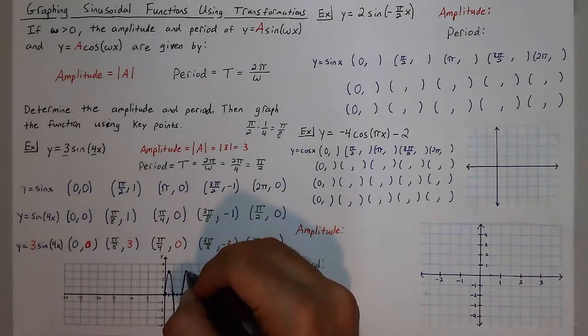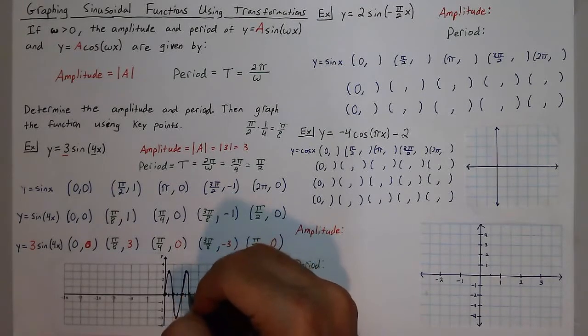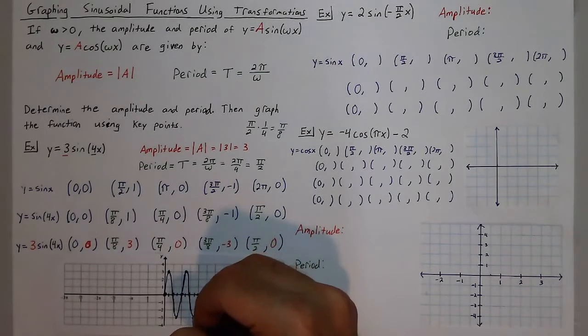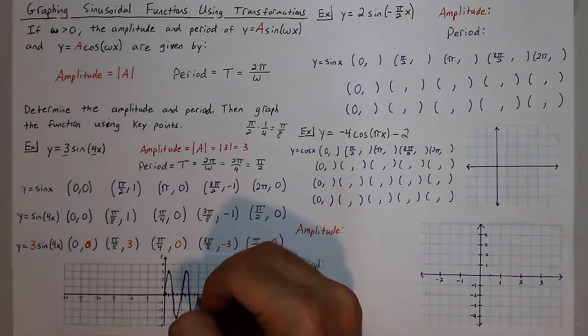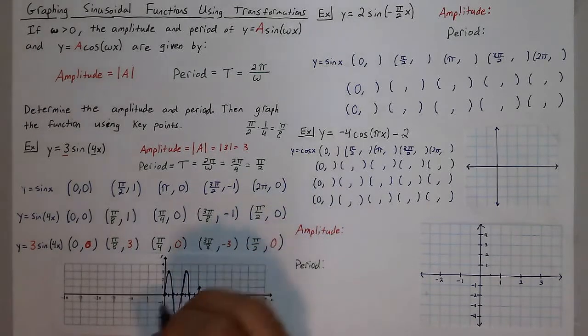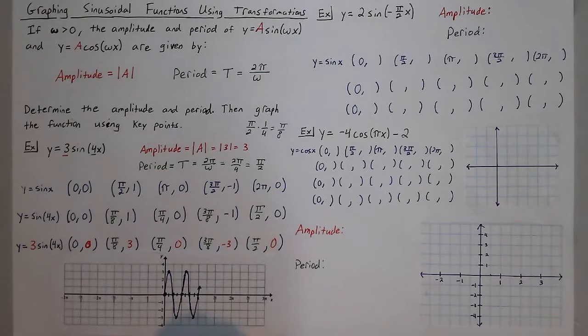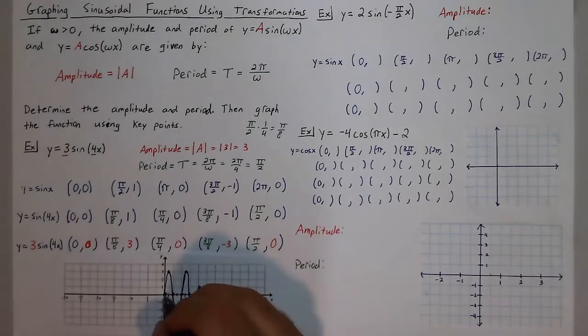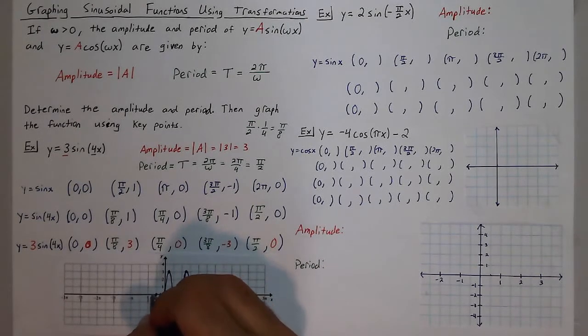Typically, if you can, about 3 cycles is enough. And I often like to go backwards with it as well so you can get a good idea. So if this was 0, going backwards would be negative 3, then 0, then 3, then 0.